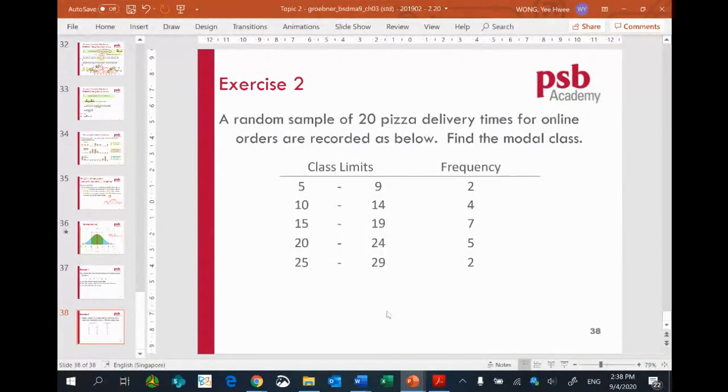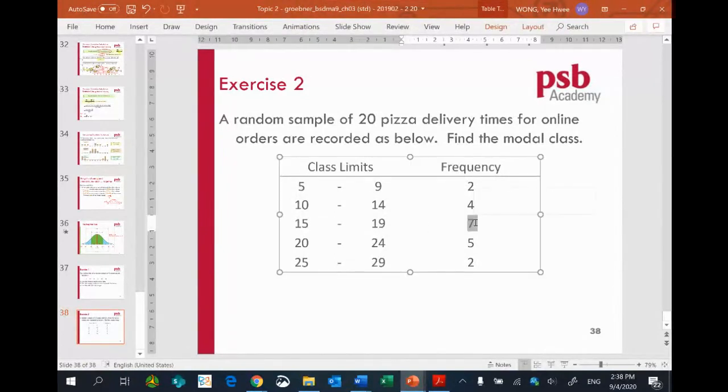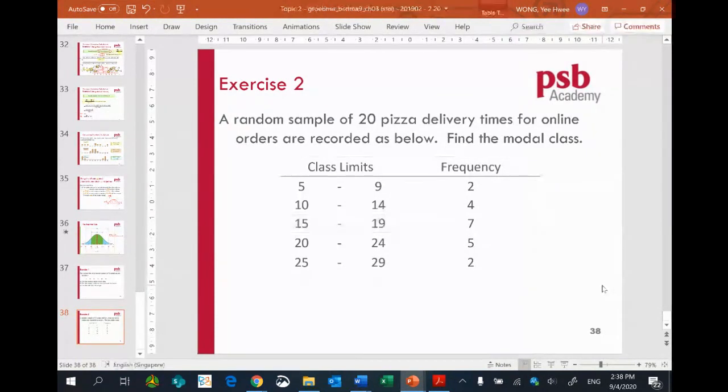When you have lost all the numbers, you don't have the visibility of any of these numbers, but you only know that some classes will have higher counts, some will have lower. So the class with the highest count is called the modal class. So what is the modal class? The modal class is the class with 15 to 19.